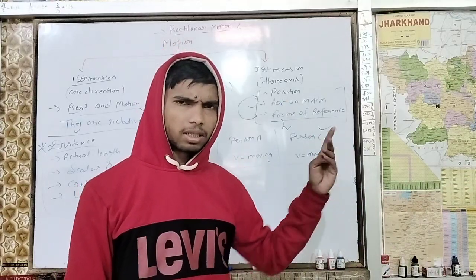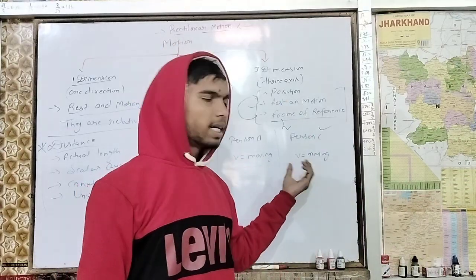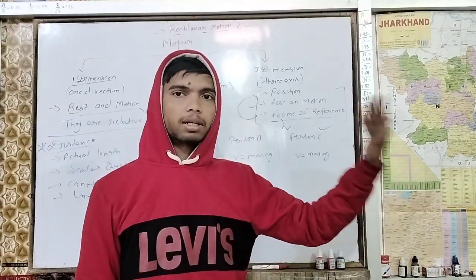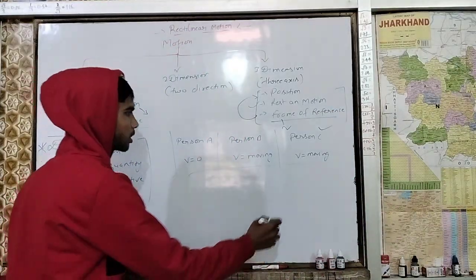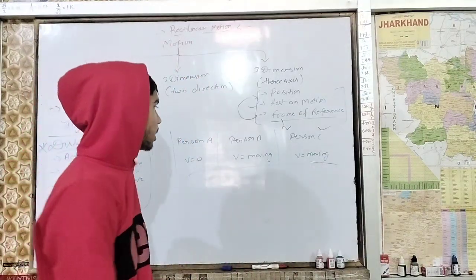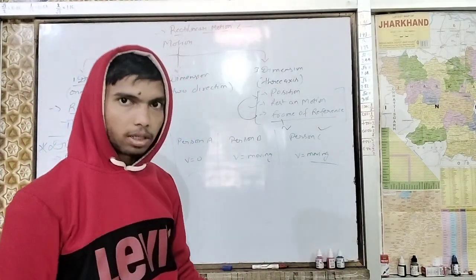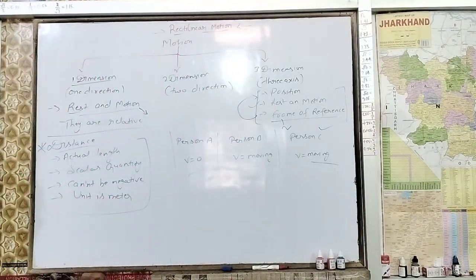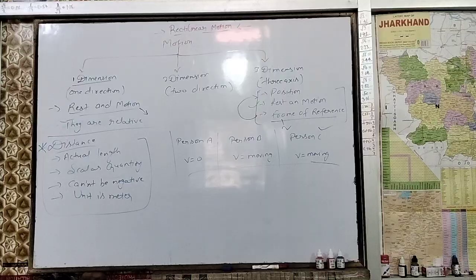We will understand person C's acceleration later. But right now, just understand that whenever V is equal to zero, the object is not moving at all. If V is something, the object is moving with some velocity. We will see this part later. B is in motion.